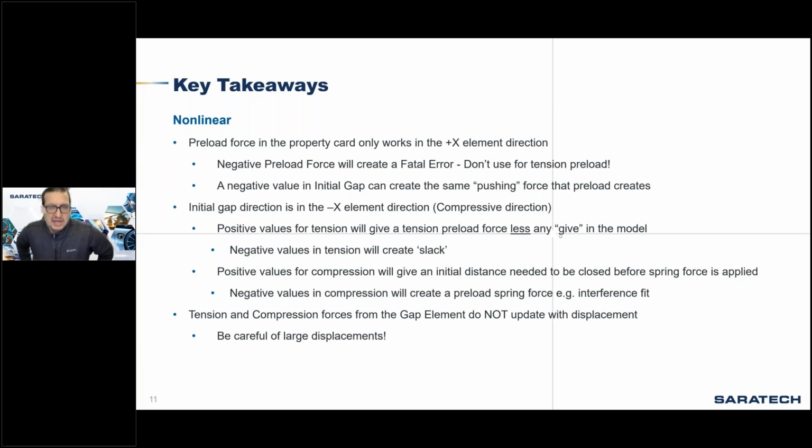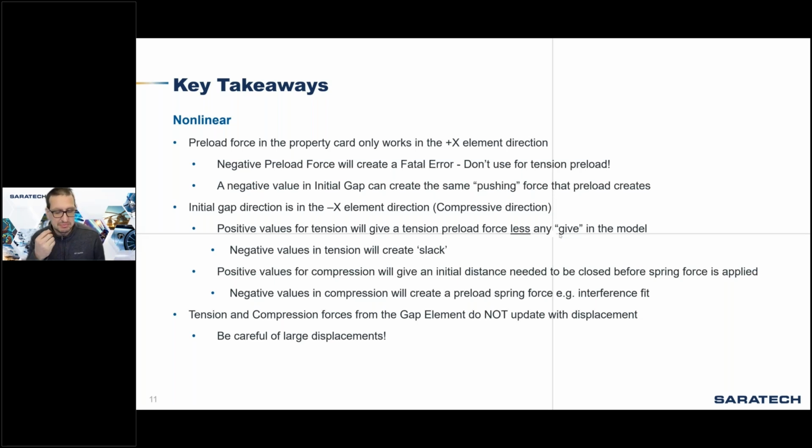Keep in mind, though, that when you apply an initial gap like that to force a preload, either a compressive or a tension preload, as that spring element gives, that value will be lost a little bit. You can also still use negative values for slack.